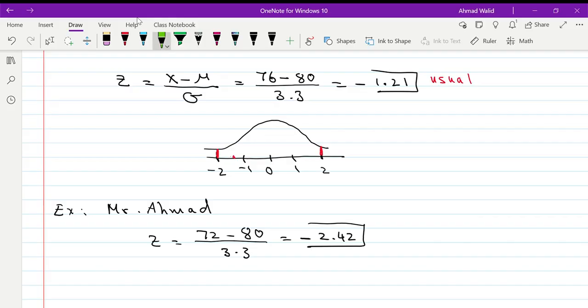Negative 2.4, I will be somewhere here in this region in green. Then it's unusual. I am too short to play for Miami Heat, based on the mean that they have in their team. I'm short. I cannot play for them.